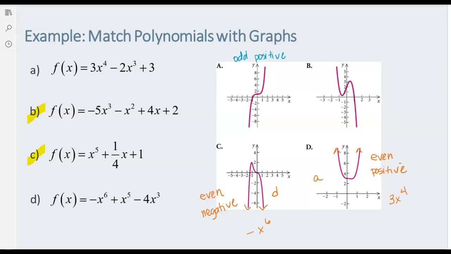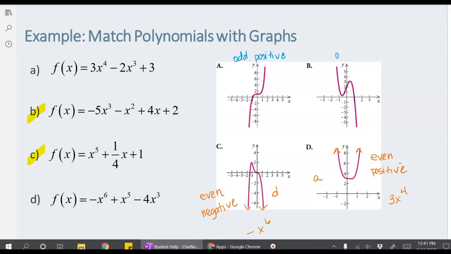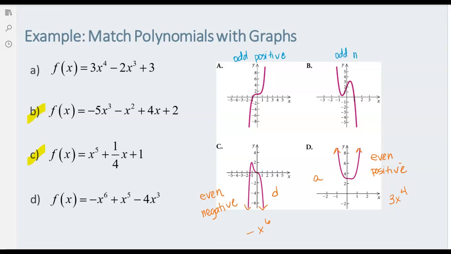Positive meaning the very first coefficient in front of the whole function. This is going to be odd, but it's going to be negative because it's flipped upside down. So looking at the two graphs that I have, I think that this one is going to be letter C, the one that's x to the 5th, because it's positive in front. And this one is going to be letter B with the negative 5x cubed. That negative in front is what flips the graph upside down.